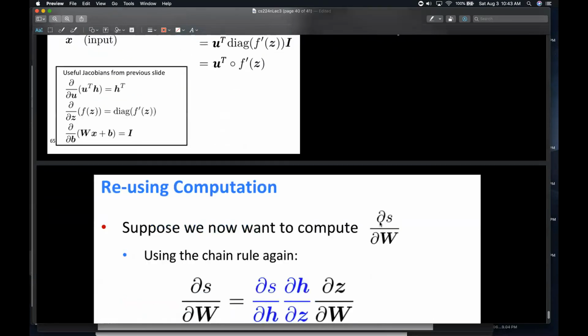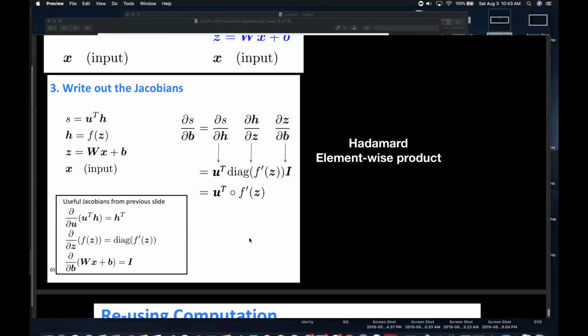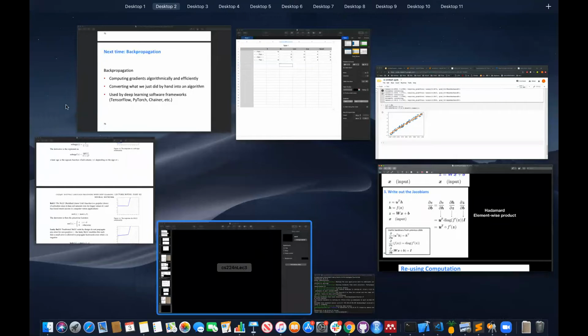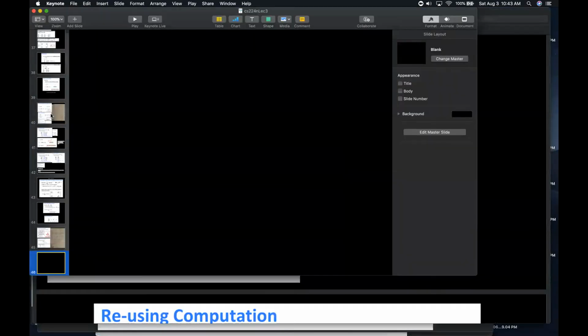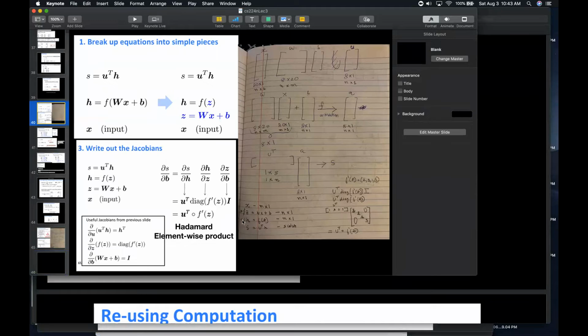Hang on one second, let me jump over to, yeah, okay, I thought I'd written it down. So yes, this is nothing but diagonal of f dash of z, the identity goes away.